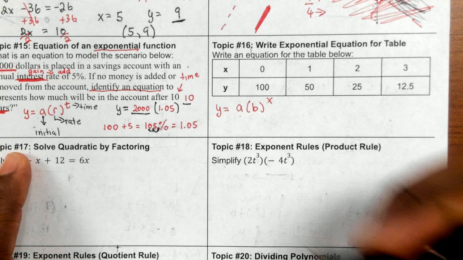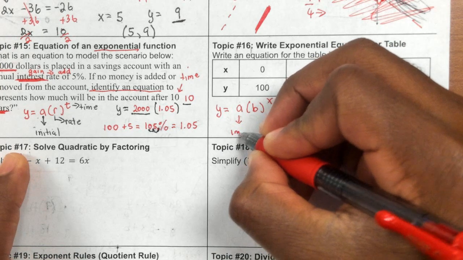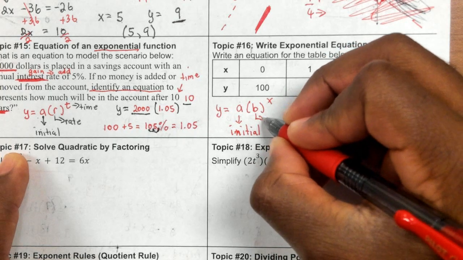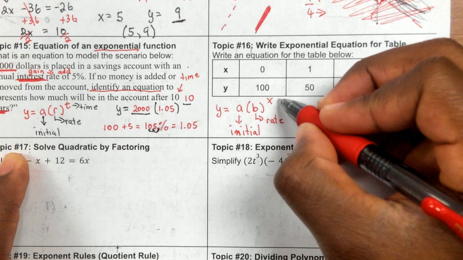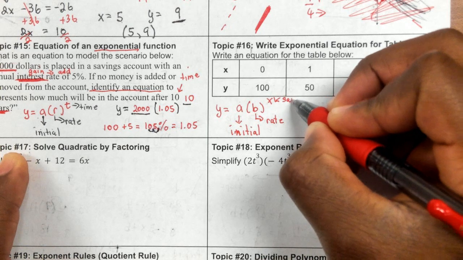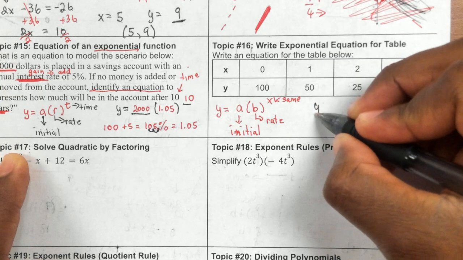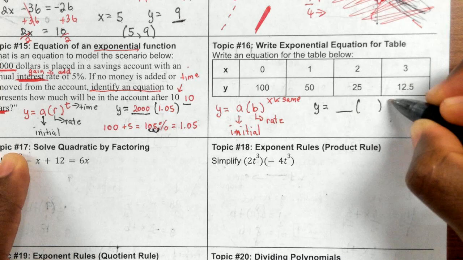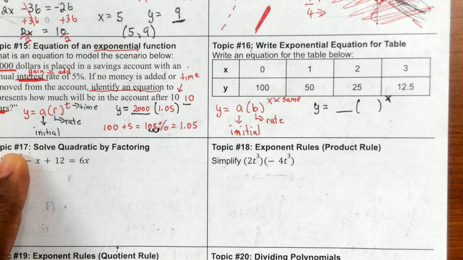The a represents the same thing, your initial, the b represents the same thing, your rate, and the x stays the same. So we would have an equation, y equals some initial value, some rate, and then the x stays the same.